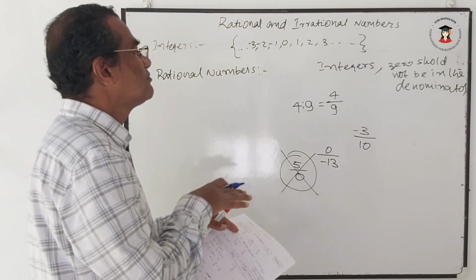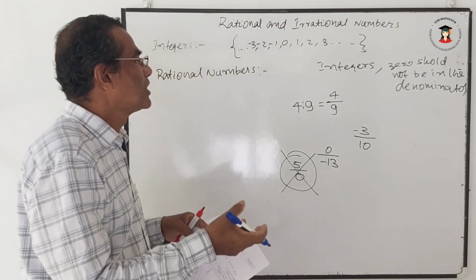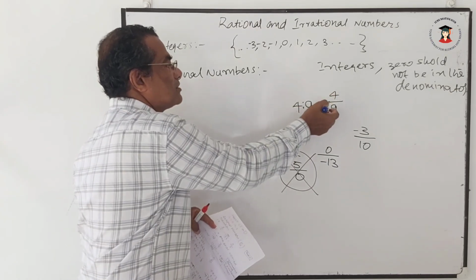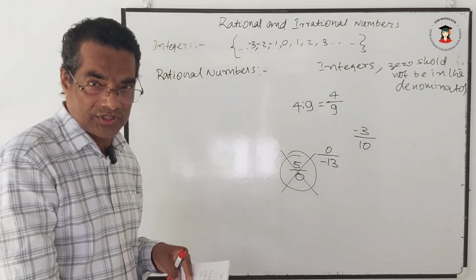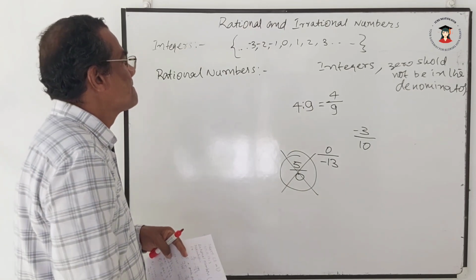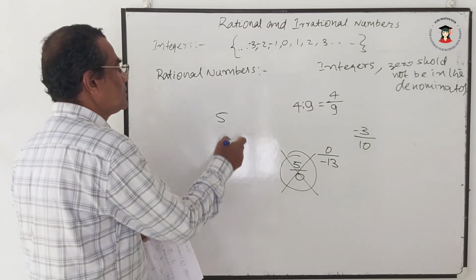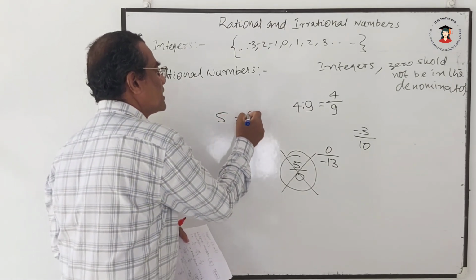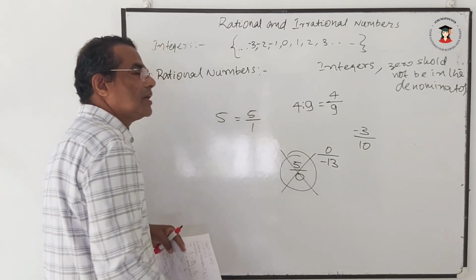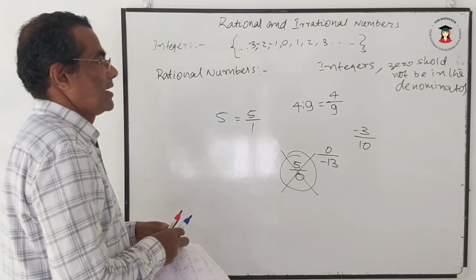So, a ratio of two integers, provided that the corresponding fraction should not have 0 in the denominator. Is 5 a rational number? Because I can write 5 as 5 divided by 1, so it is a rational number.